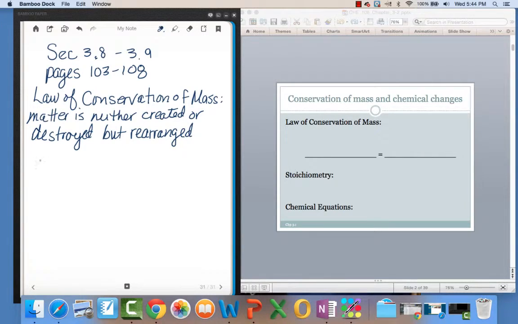So what we know then is that what we start with as the reactants must equal our products.